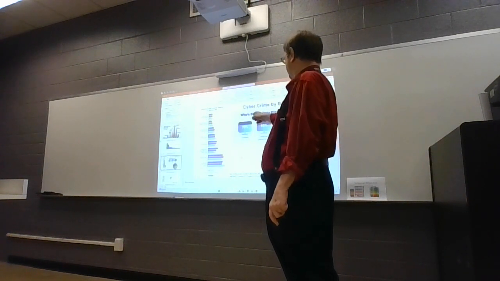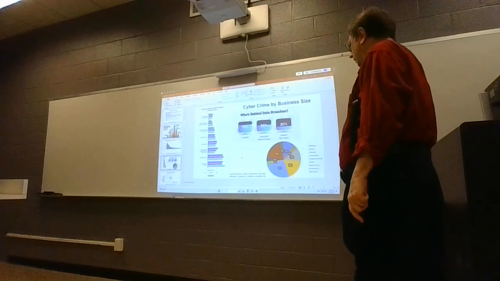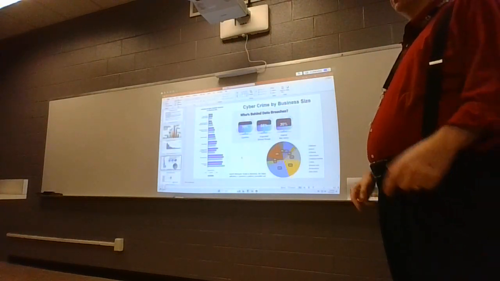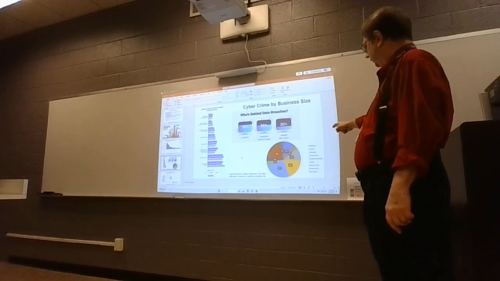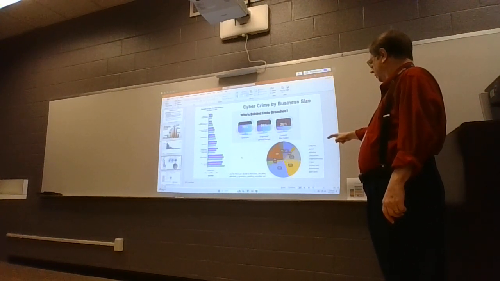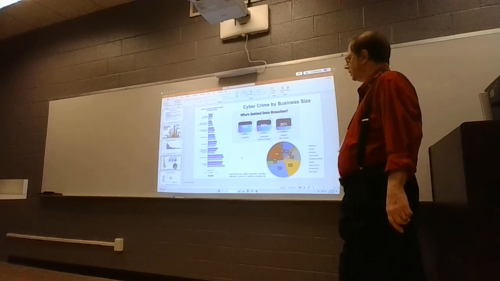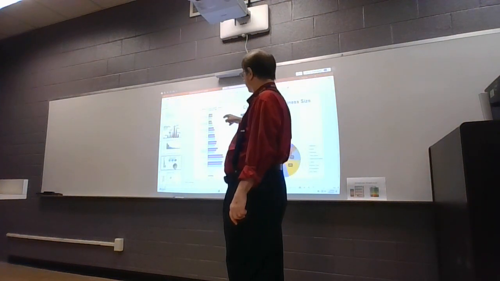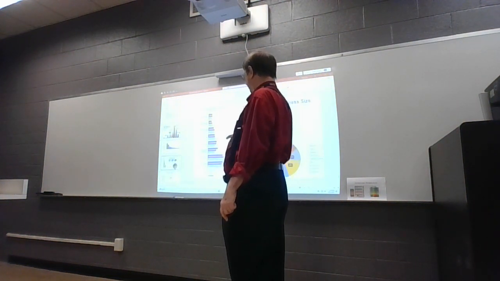The 55 is maybe saying that some large percentage of those outsiders are organized criminals, not just small groups. And then over here we have malware, worms, phishing, data breaches, different types of cybercrime. And then this one over here, ranking of concerns for business owners.